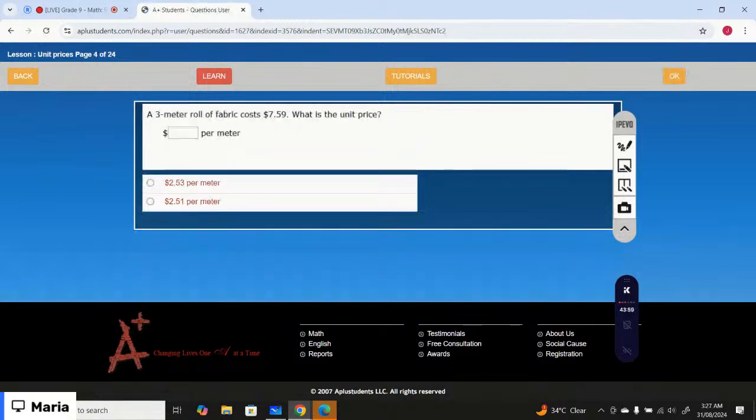A 3-meter roll of fabric costs 7.59. What is the unit price? Which is the correct option?